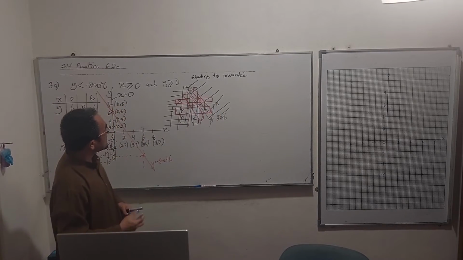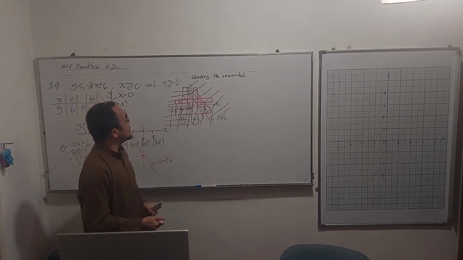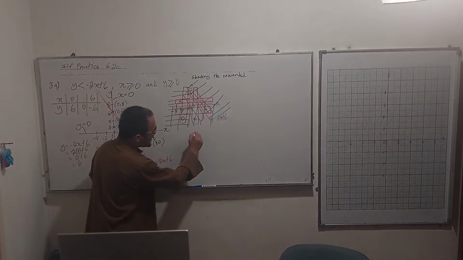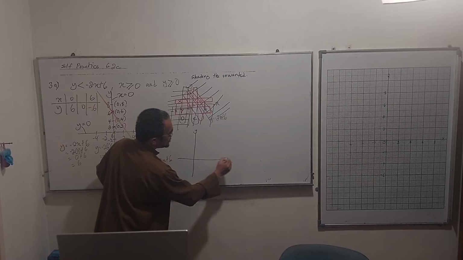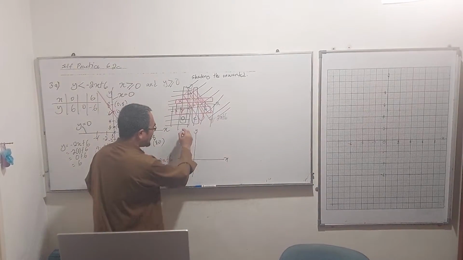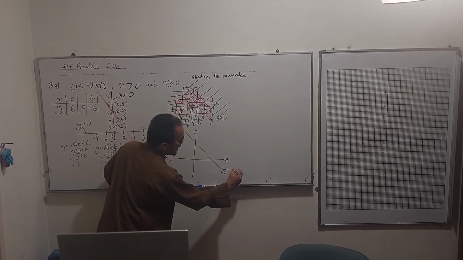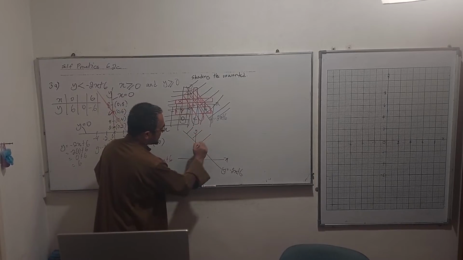Okay. So if you cannot see, then I resketch this again, because we have drawn so many rectangles. So I have to redraw this again. Y equals negative 2x plus 6. First, we have shaded this part.